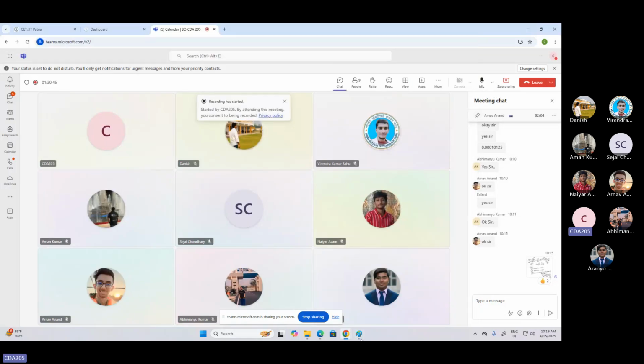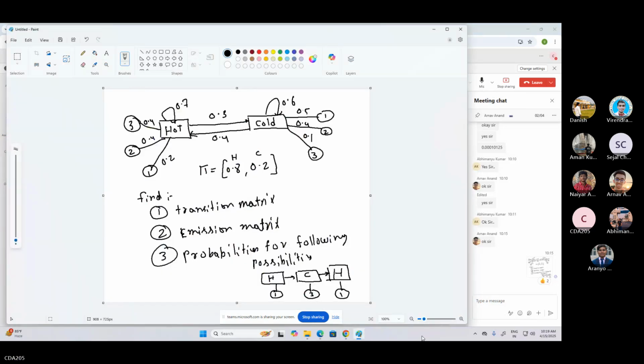Anyone got the answer? Anyone who has calculated the answer?